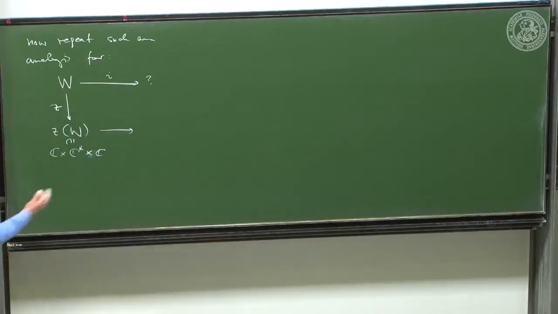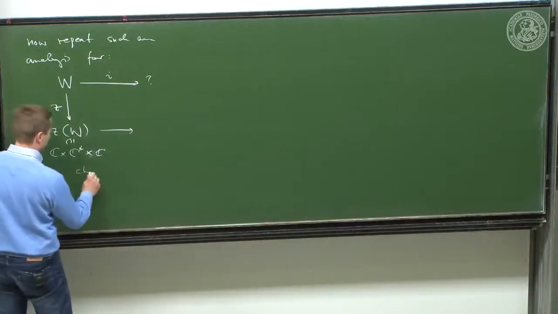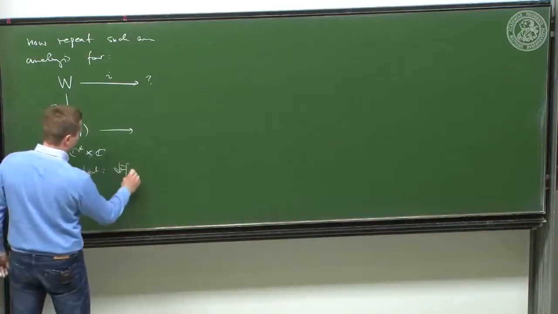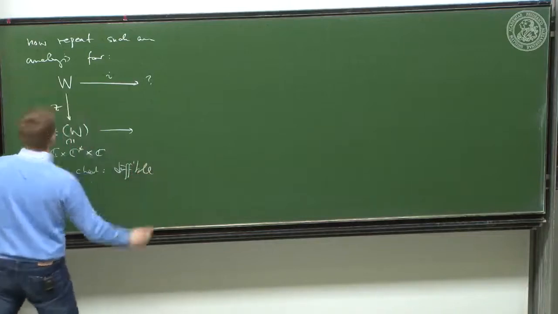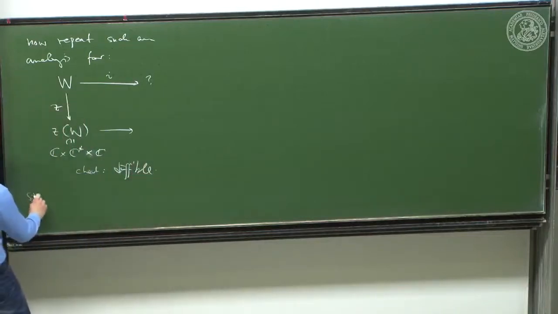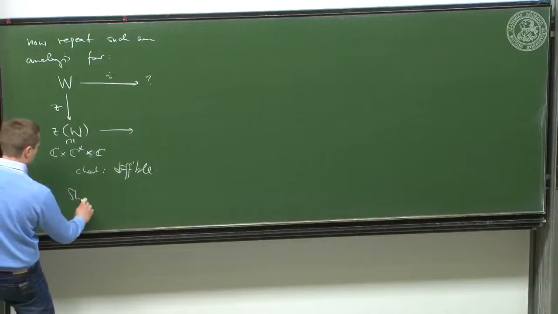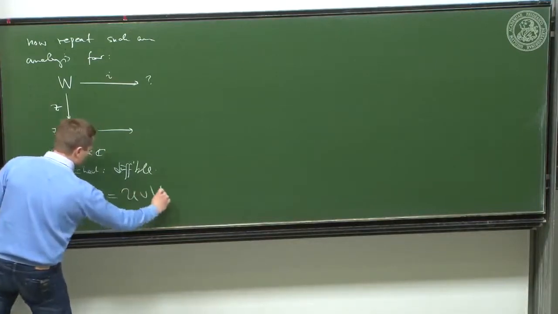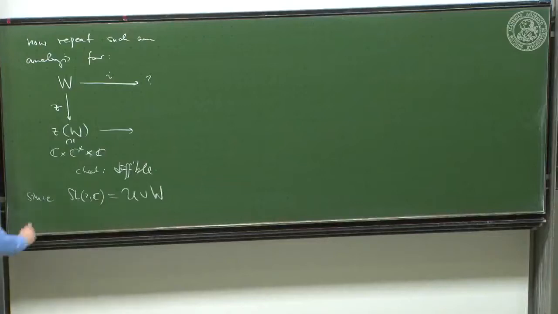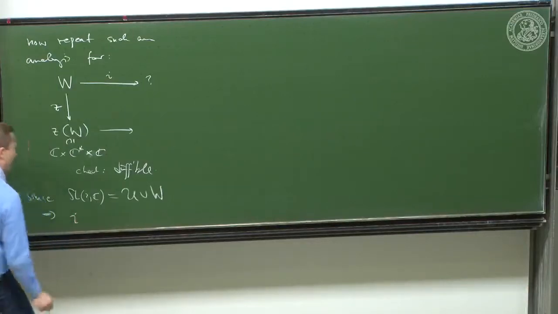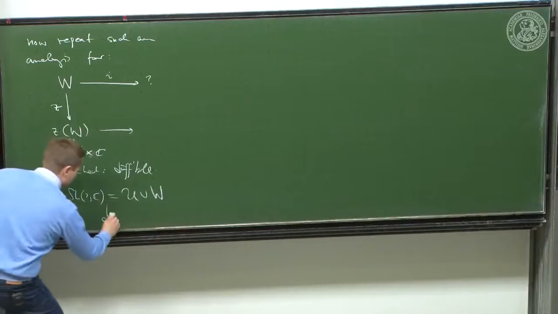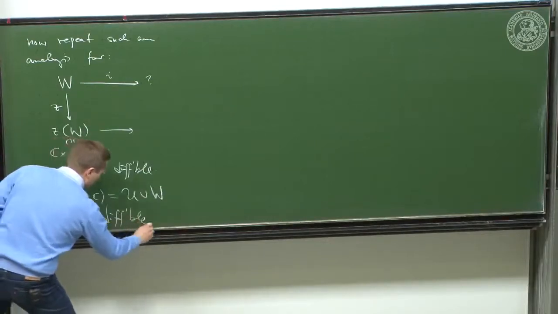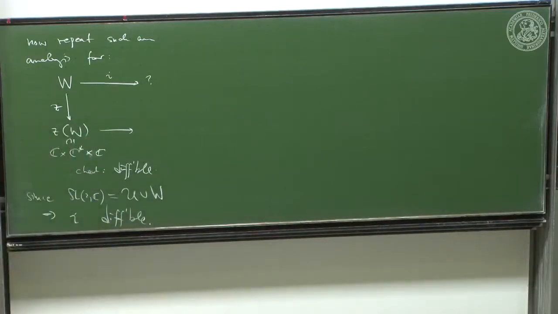Okay, check also differentiable, and only now, since SL2C is covered by U and W together, we can then conclude that the map I up there is differentiable. Now we have to do this for a system of charts that cover and come from a differentiable atlas.